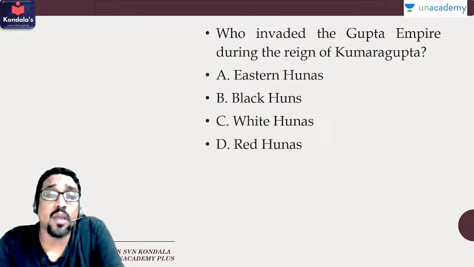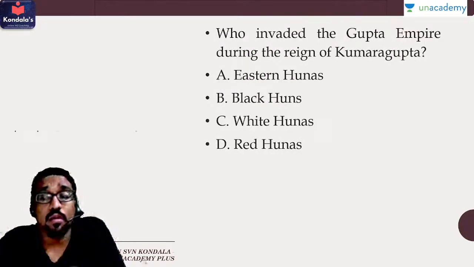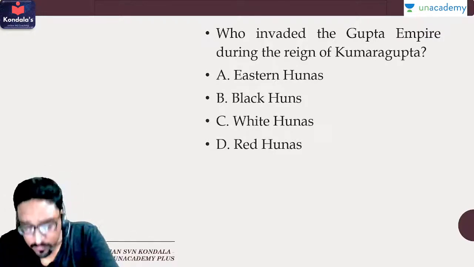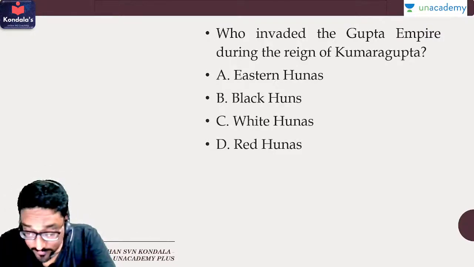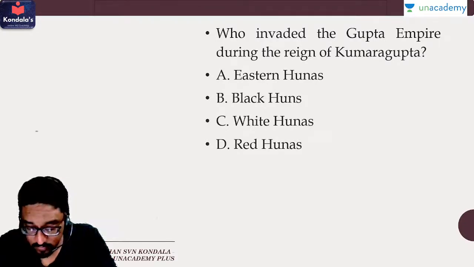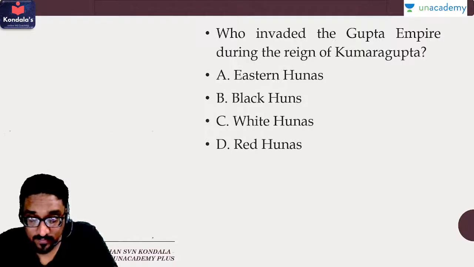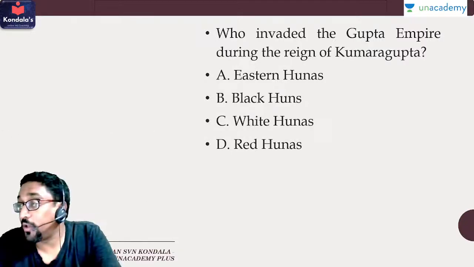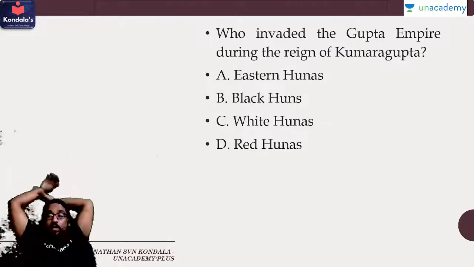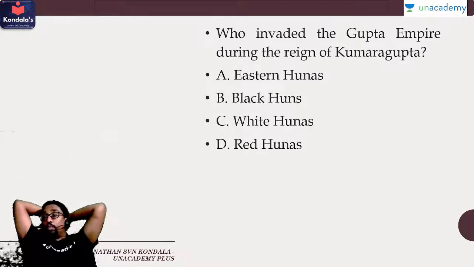Who invaded the Gupta Empire during the reign of Kumaragupta? Eastern Huna, Black Huna, White Huna, Red Huna. In this, people are going to have a problem. Everybody knows Hunas invaded, but nobody goes to the specifics of which Huna.